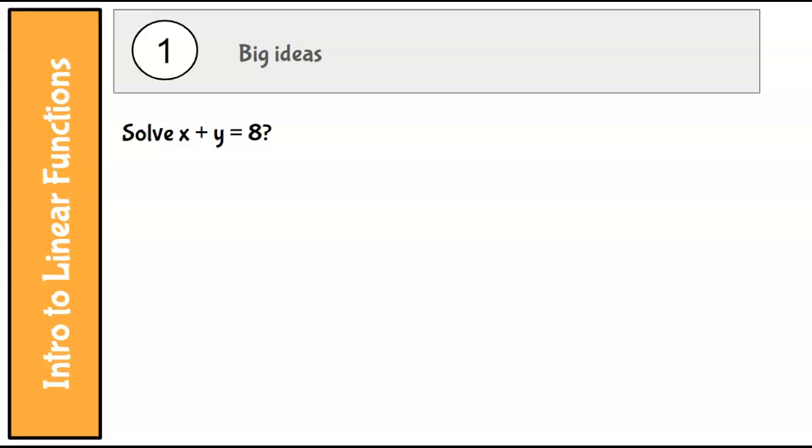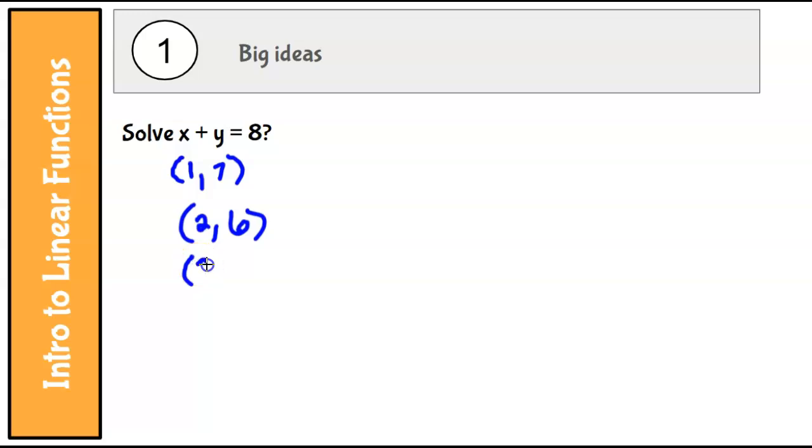What would it mean to find a solution to x plus y equals 8? To find a solution to x plus y equals 8, you would have to figure out an x and a y that would add together to get 8. So maybe x is 1 and y is 7. Or maybe x is 2 and y is 6.